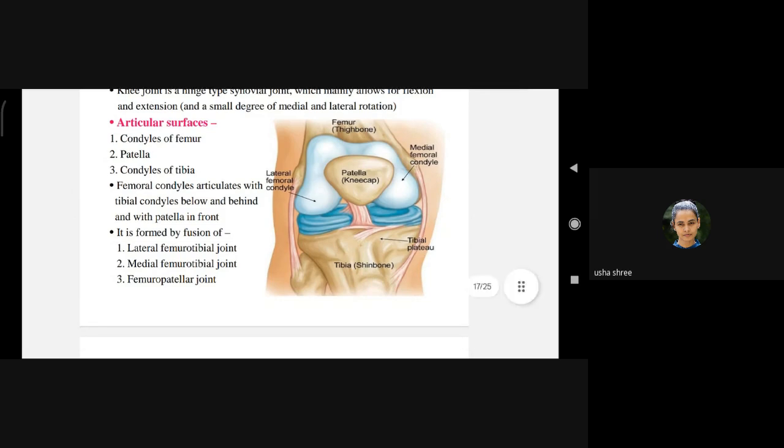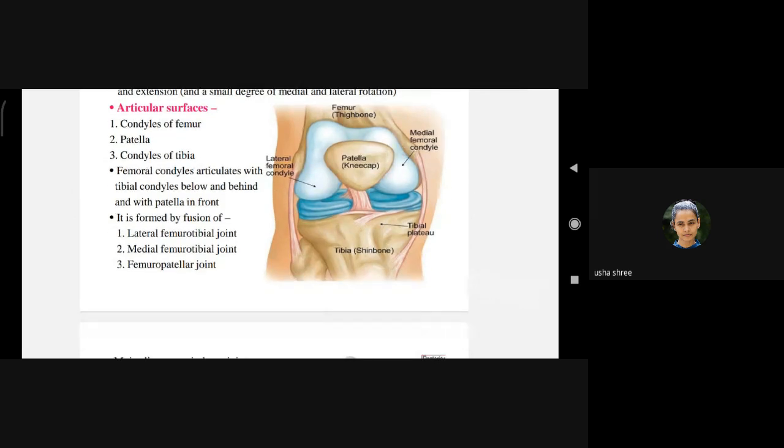So, the lateral femorotibial joint, medial femorotibial joint, and femoropatellar joint. Femur is articulating with patella. You can see here that patella is not articulating with tibia.